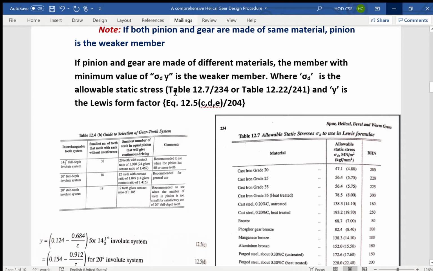In the examination, if only ultimate strength of the material is given, allowable static stress can be obtained by dividing ultimate strength by 3. That is, allowable static stress is equal to 1/3 of the ultimate strength. And y is the Lewis form factor, equation 12.5, CDE, page number 204.